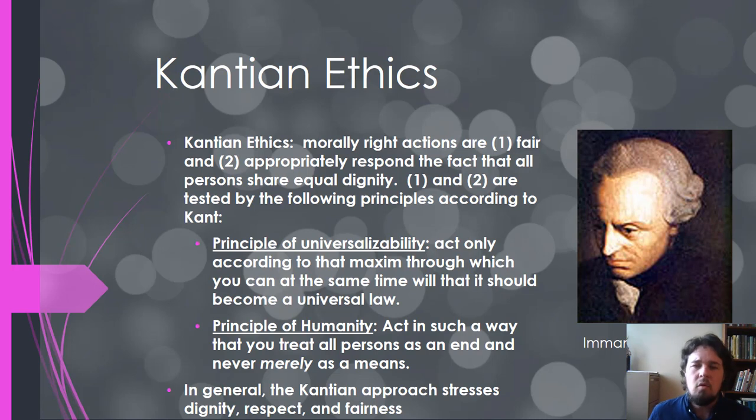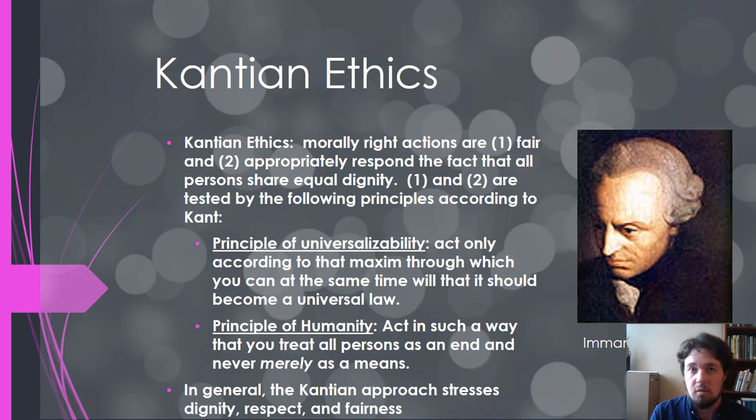And basically, according to this Kantian approach to ethics, morally right actions are fair, and they respond appropriately to the fact that we all share equal dignity. So morality, according to Kant, is oriented around two things: fairness and respect. So that's what morality is all about according to Kant.